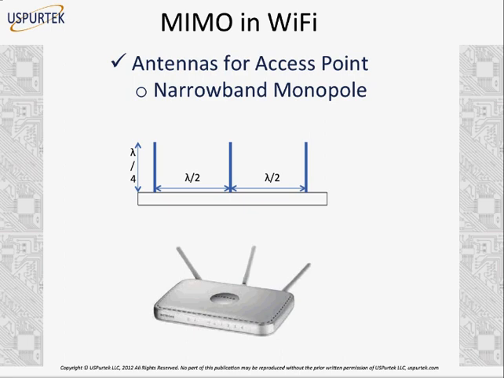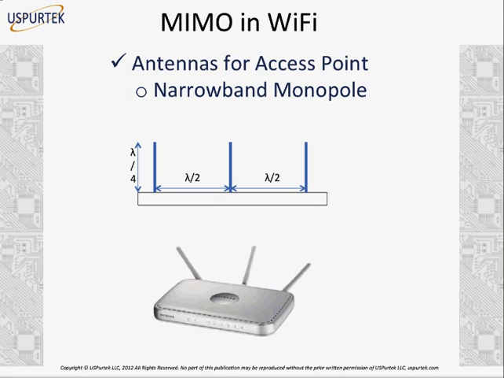Here you see a narrowband monopole implementation where half wavelength separation is kept between antennas to reduce mutual coupling between radiating elements. This is the easiest implementation. However, it is narrowband and has high profile. You can't hide it somewhere. It will be visible. So it has high profile.